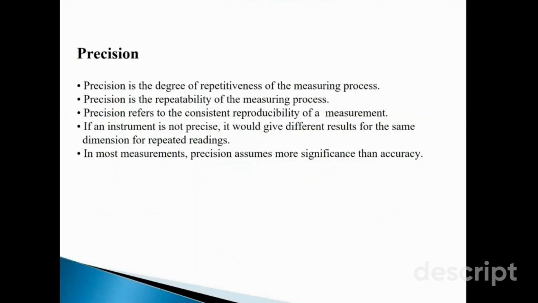Another important term is precision. It is the degree of repetitiveness of a measuring process, the repeatability of the measuring process. If an instrument is not precise, it will give you different results for the same dimension on repeated readings. Both these terms, accuracy and precision, are very important for measurement using an instrument.